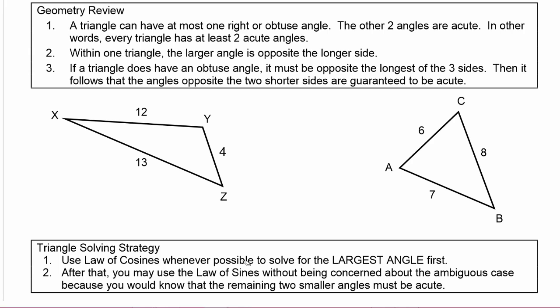So let's look at a couple triangles and make sure that you're understanding this. In this first triangle, we see that 13 is the longest side, and it's pretty easy to see that angle Y, which is opposite the 13, is the obtuse angle in the picture.